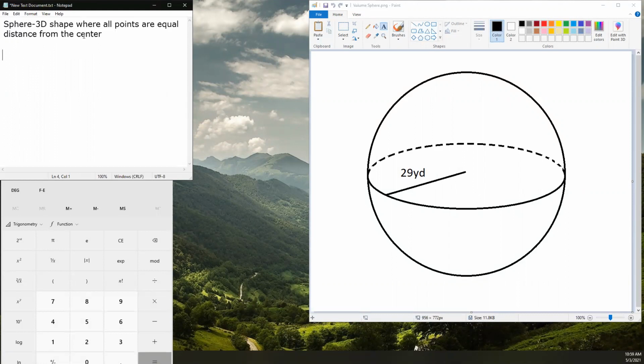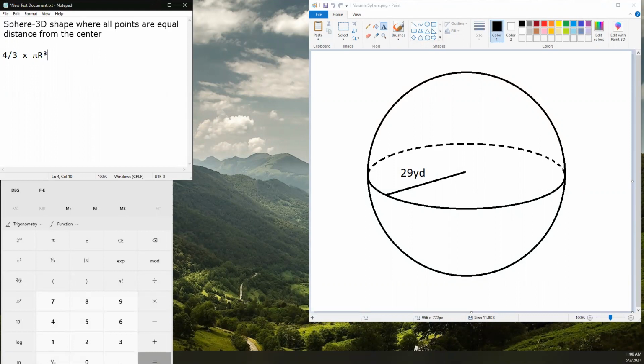So, a sphere's volume formula is 4 over 3, 4/3, times pi r cubed.